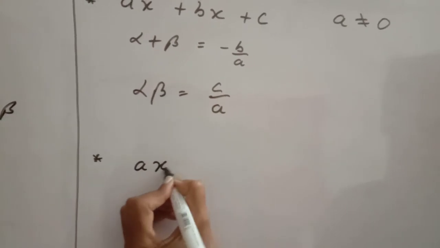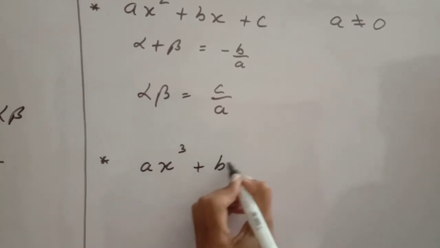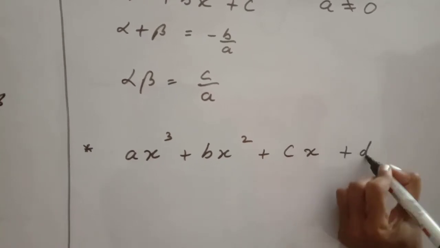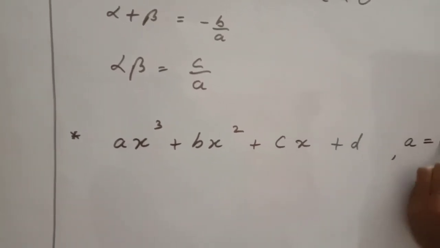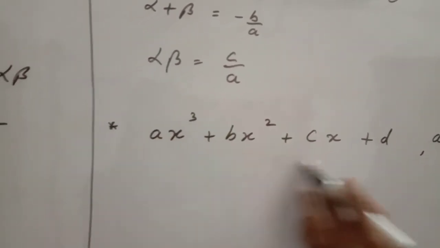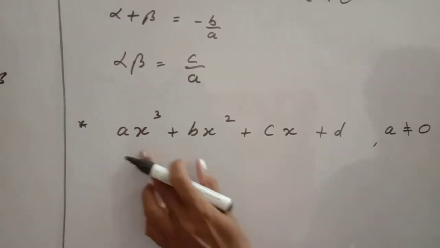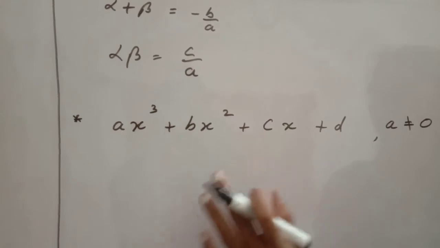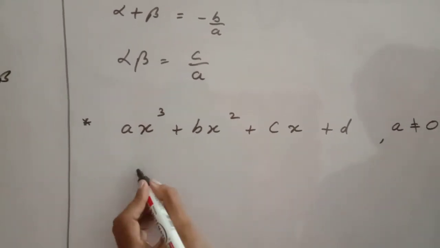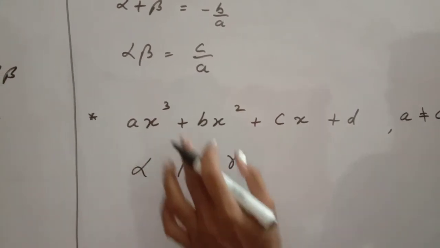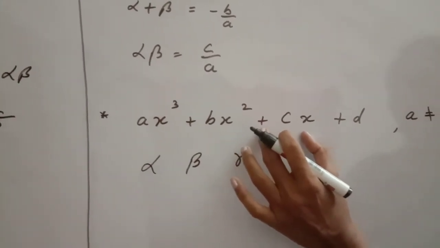So ax cube plus bx square plus cx plus d, where a is not equal to 0. This is a cubic polynomial. The highest power of x is 3. Now it is a cubic polynomial, so it will have maximum 3 zeros. Let us think alpha, beta and gamma are the three zeros of this polynomial.